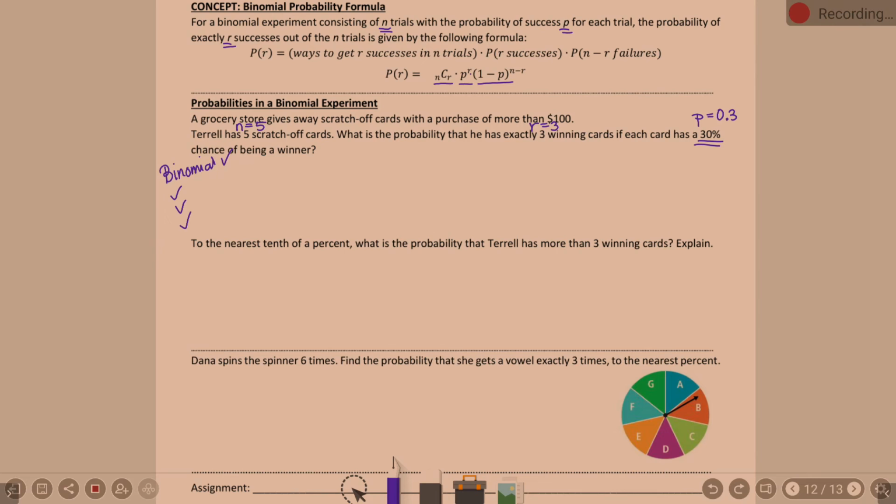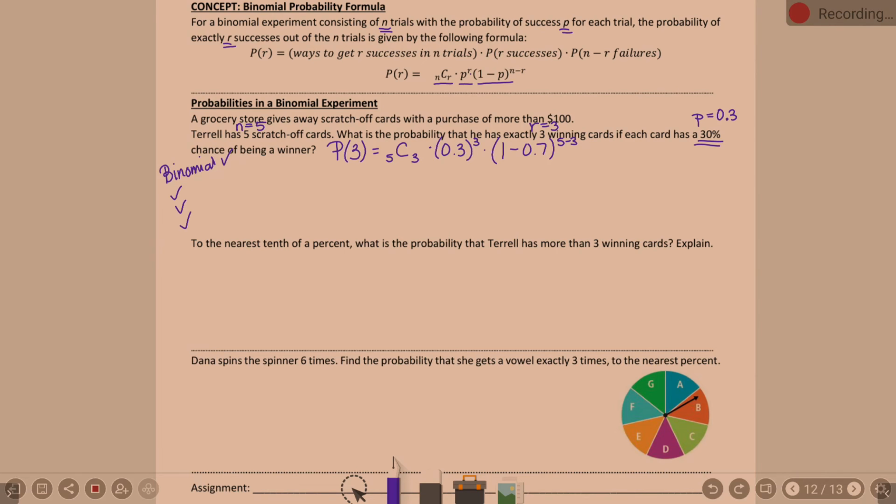We're going to fill in the formula. We're trying to find the probability of 3 winning cards. So NCR, 5C3, times P to the R, so that is 0.3 raised to the third, times 1 minus P. So that's going to be 1 minus 0.7 raised to the N minus R, so raised to the 5 minus 3.